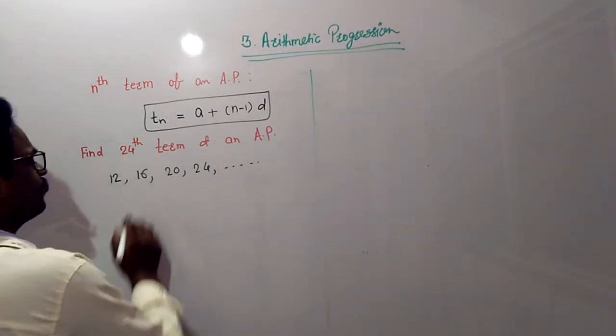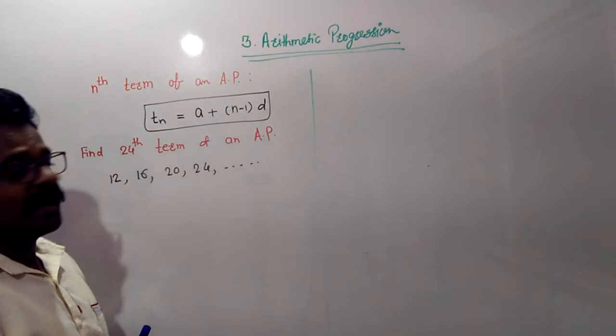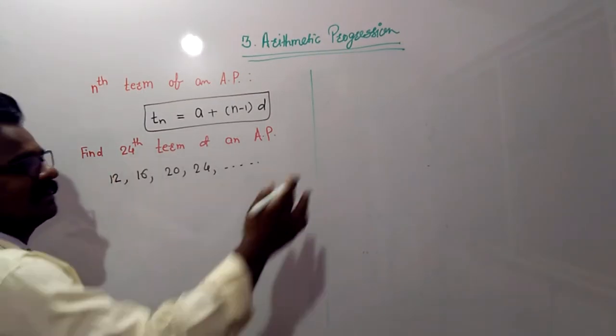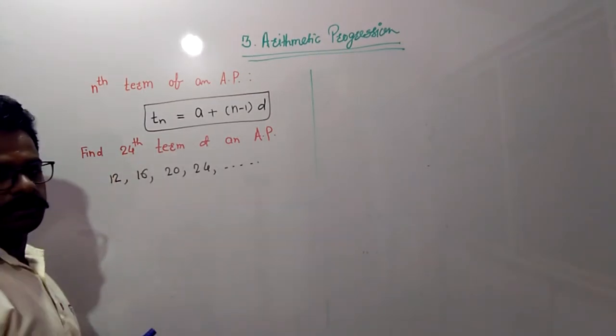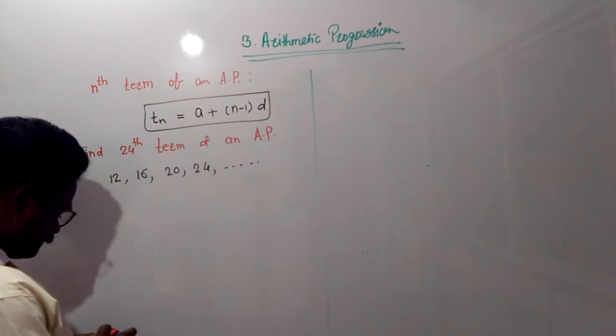So this is the arithmetic progression which is given to us, and we need to find the 24th term in the similar pattern.